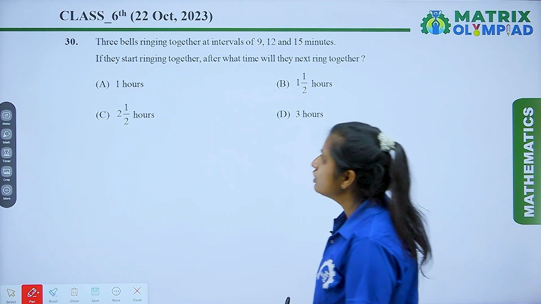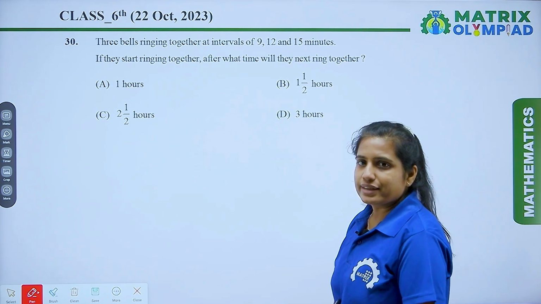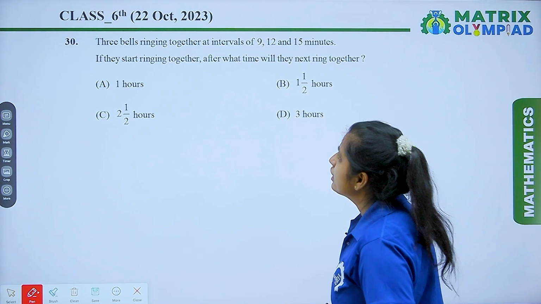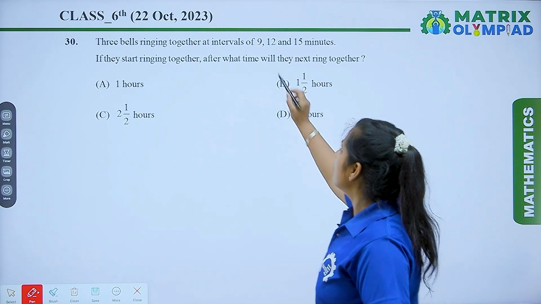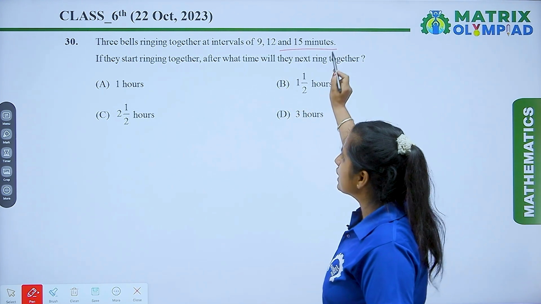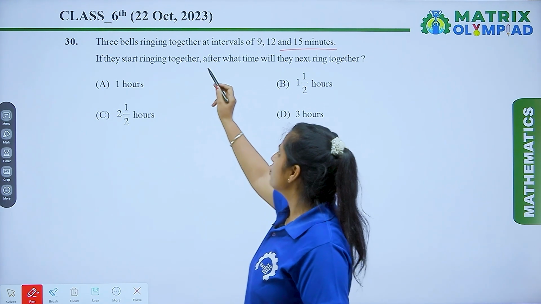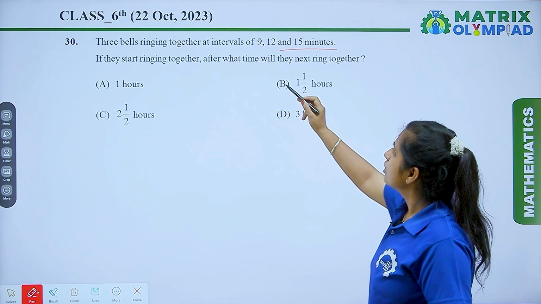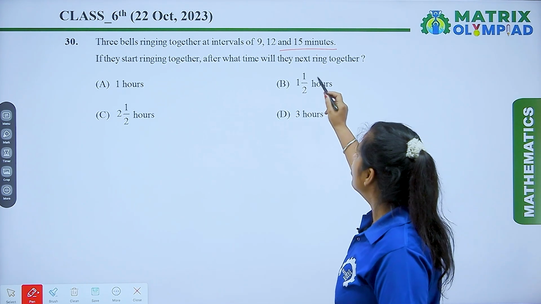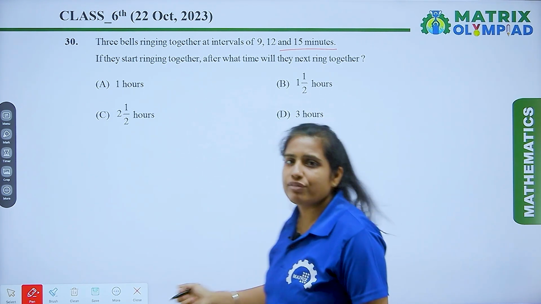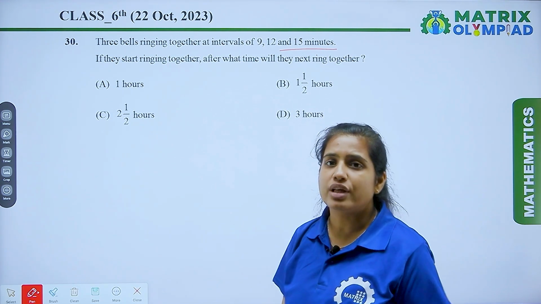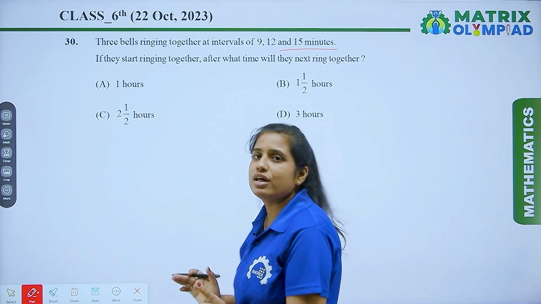Start the next question. Question number 30: 3 bells ringing together at intervals of 9, 12 and 15 minutes. If they start ringing together, after what time will they next ring together? So we have to find the timing at which the 3 bells ring together.